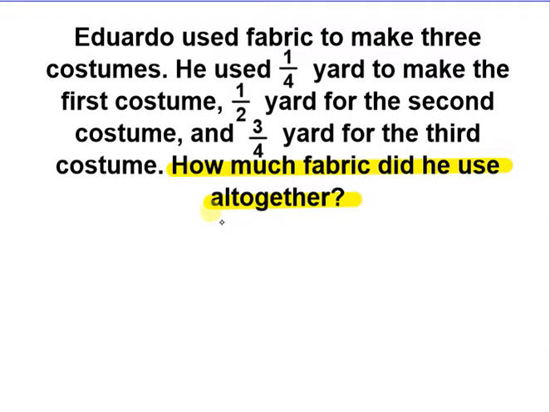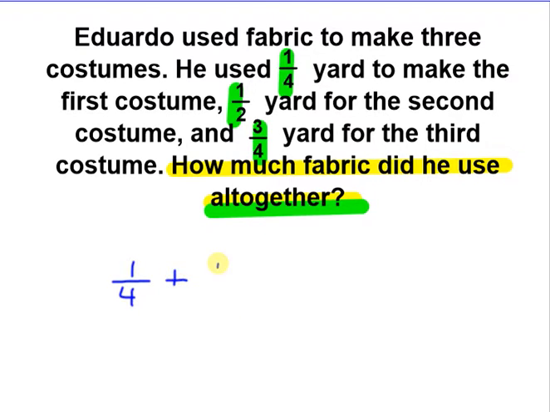Step 3, I need to know my operation, and this word here, altogether, is telling me that I'm going to be adding up some numbers, and those numbers are 1/4, 1/2, and 3/4, because those are all the different yardages that he was working with. And one thing that I notice as I'm highlighting those is they do not all have the same denominator. So I'm going to be looking for a common denominator.